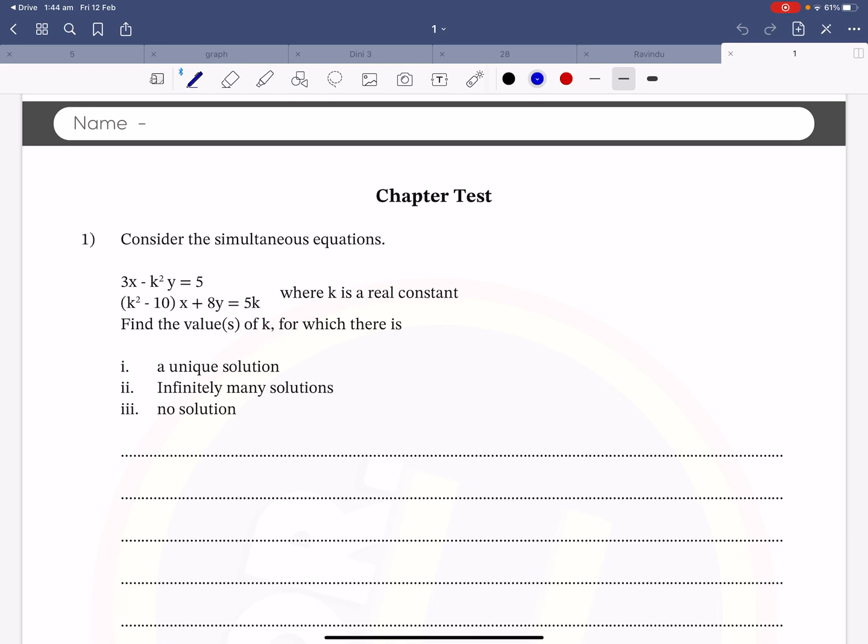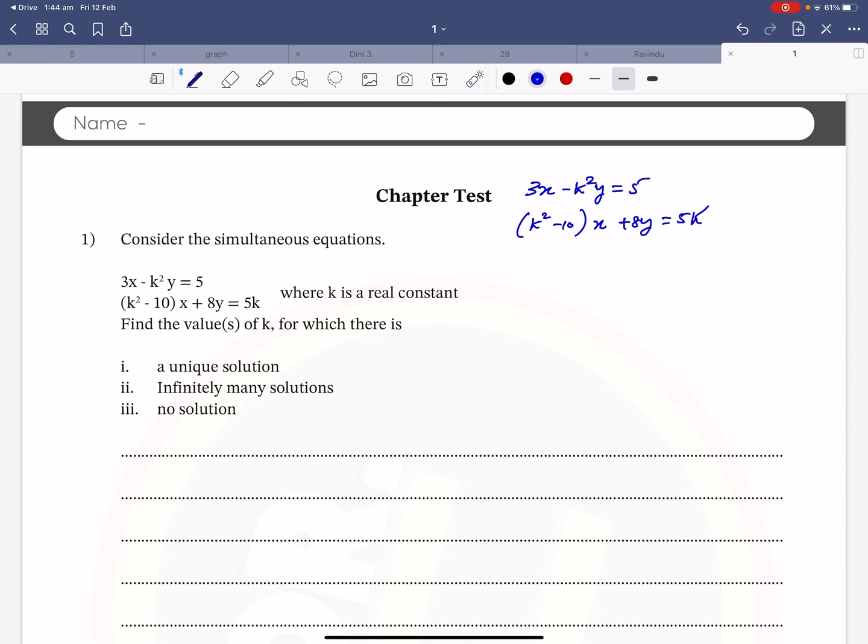So here we have two equations: 3x minus k squared y is equal to 5, and the next one is (k squared minus 10)x plus 8y is equal to 5k.